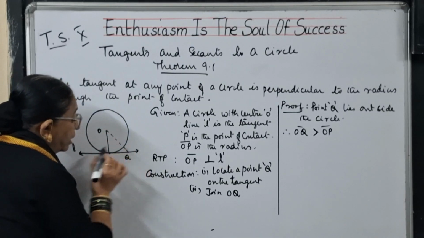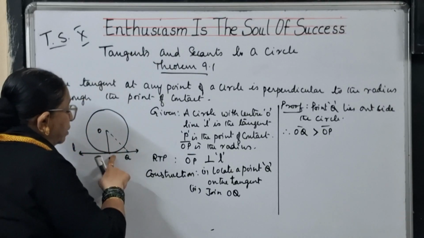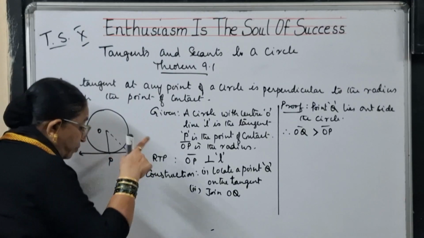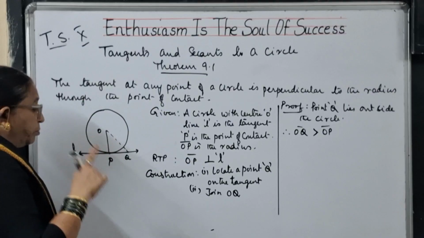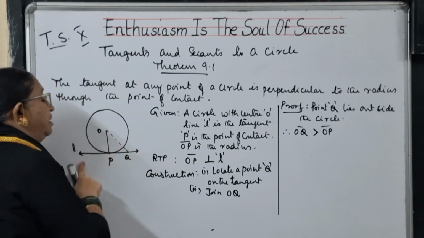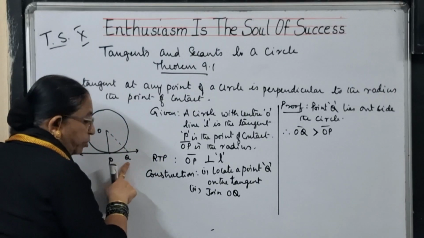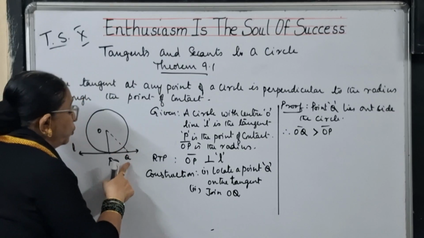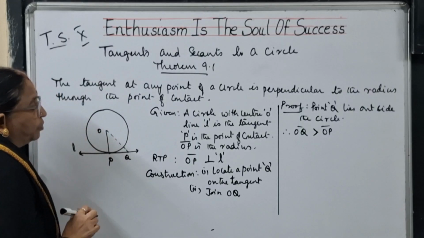But do you have any other point which is on the circle? Definitely no, because it is only one point. This is a tangent, means by the definition, the tangent intersects the circle at only one point. That means any other point on the line L is away from the circle. As an example, we are taking only one point Q, but this explanation belongs to each and every point on L except P.